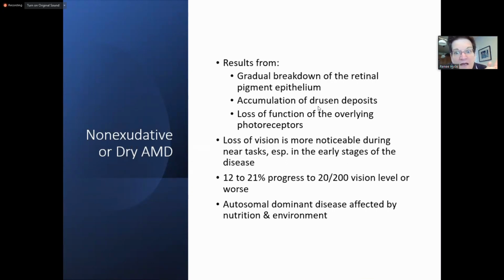As I said, it's more noticeable during near tasks like reading or sewing. Of the people that have the dry AMD type, about up to 21% progress to 20/200 vision level or worse. And remember that 20/200 is considered legally blind. It is an autosomal dominant disease that's affected by nutrition and the environment.